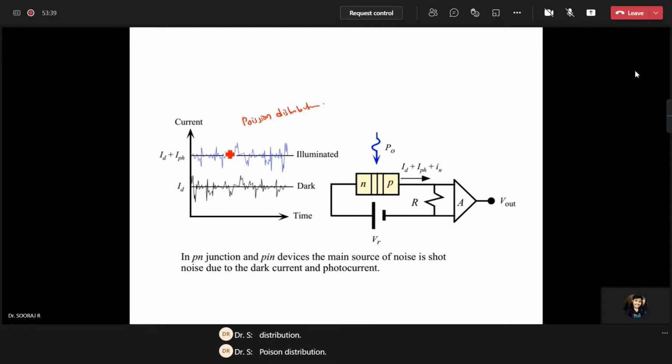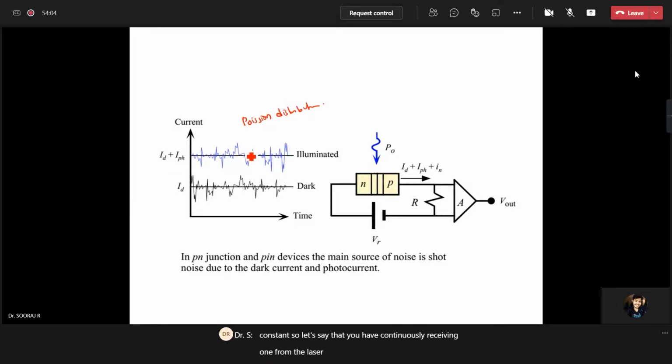That's the way in which photons are being emitted by the laser source, and it's the same way in which the photons are falling on the photodetector. So when you have a photodetector that is illuminated, you cannot say that the current is always a constant. Let's say that you are continuously receiving 1 from the laser.